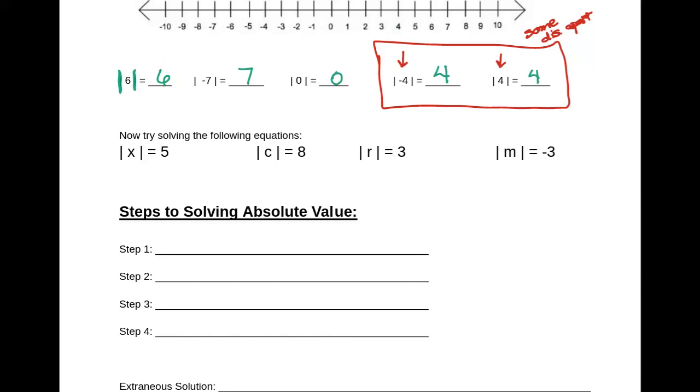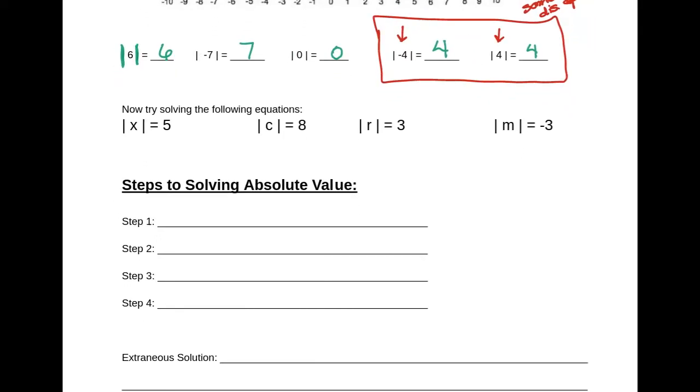Now let's solve these equations. What is the value of x such that it has a distance of 5 away from 0? Well, there's actually going to be two cases, right?